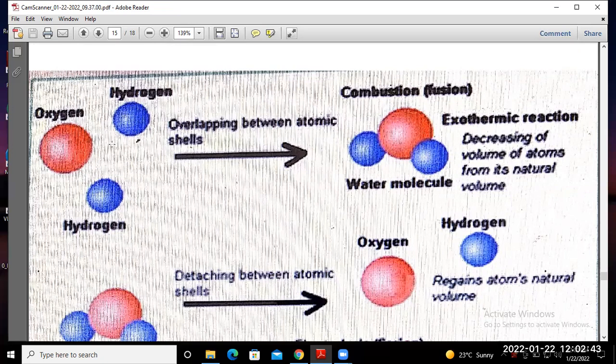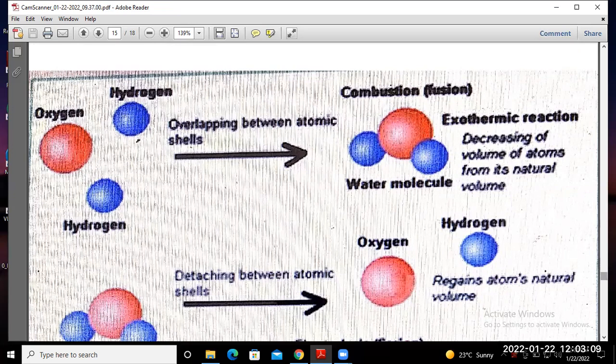And the reverse happens during the endothermic process. That means this water breaks into separate atoms, two hydrogen and oxygen. Okay, so this is one of the best examples of endothermic and exothermic.